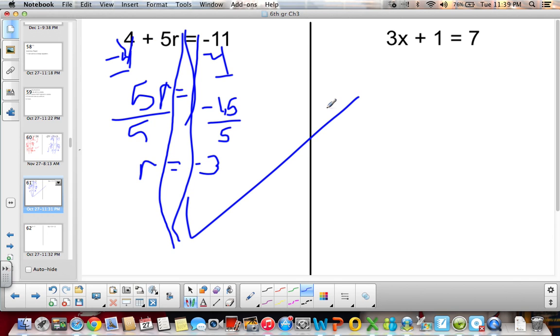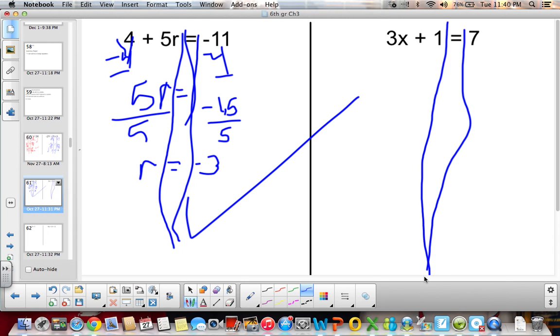So then we check. Okay, 3x plus 1 equals 7. I know that some of you look at it and know how to do it in your head, but please make sure that you're still getting used to writing down every single step for every single problem. So 3x plus 1 equals 7. We're going to subtract 1 on both sides.